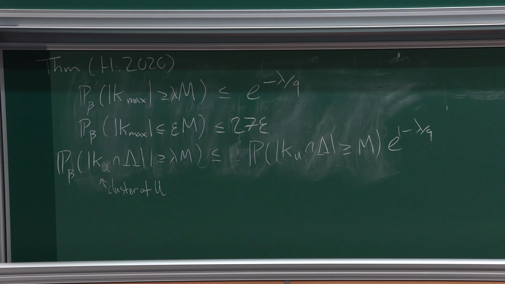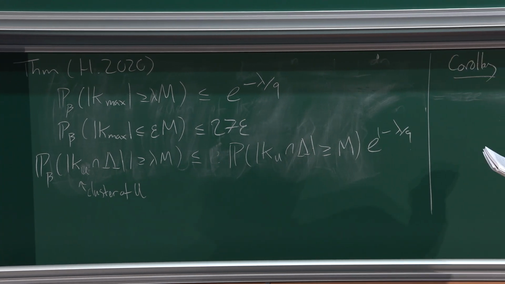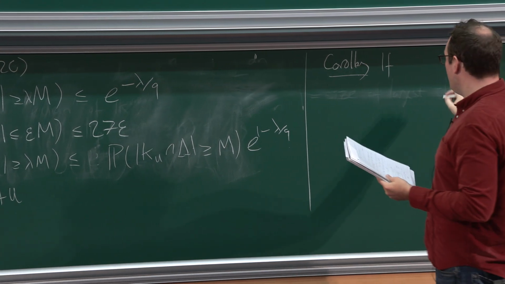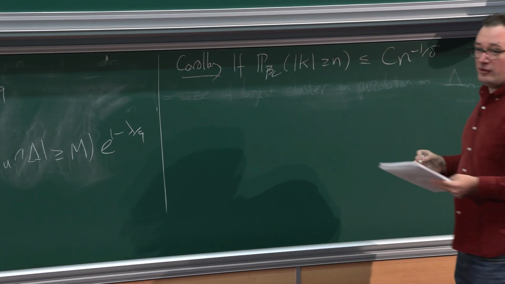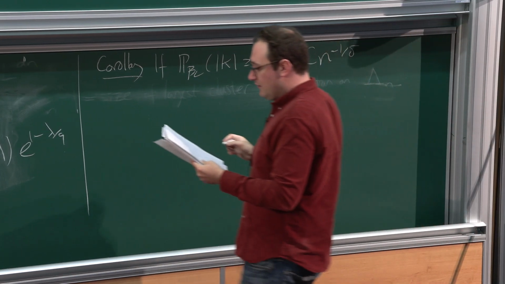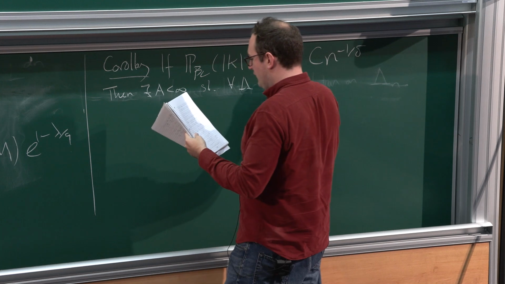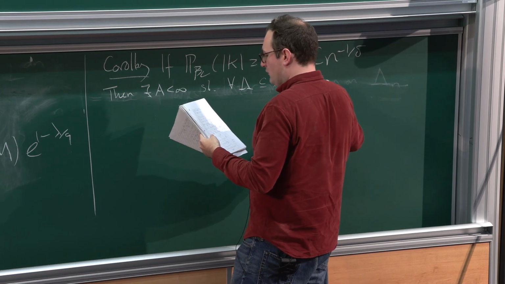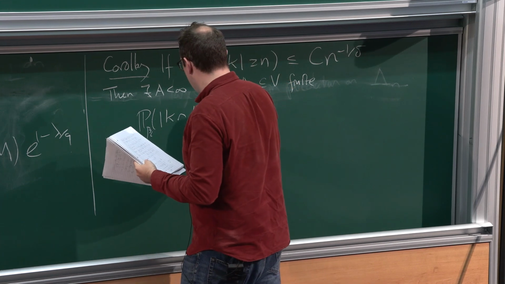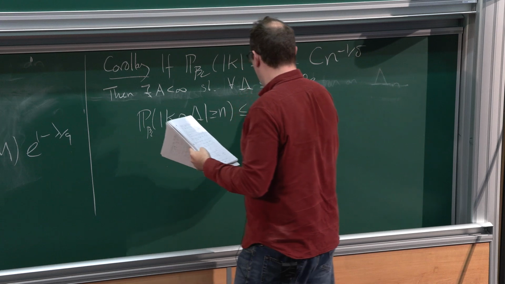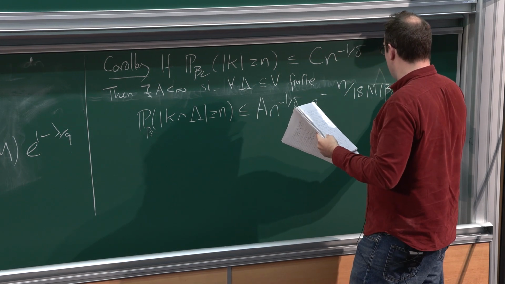Okay, and as a corollary of this, if you happen to be working in some graph where you know in infinite volume that you have some polynomial tail estimate like this for the volume tail, then there exists a finite constant A such that for all lambda contained in V finite, the probability that, where K is now the cluster at the origin, this has a large intersection with lambda, is bounded by A n to the minus 1 over delta, e to the minus n over 18 m beta c lambda.